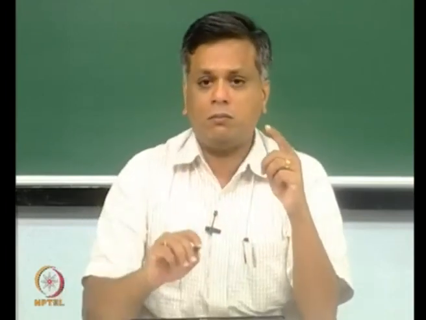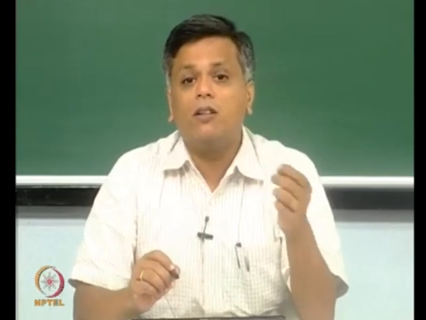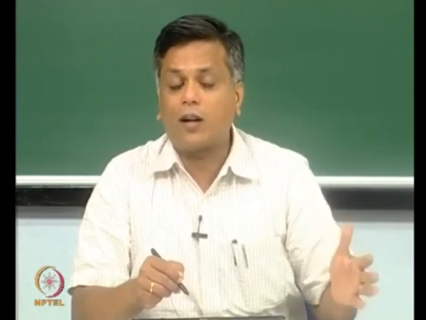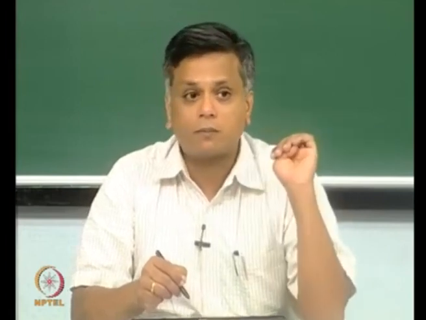This is essentially the meaning of the vice versa interaction, that is, the particle influences the air, which in turn could influence other particles slightly differently. So, if I am interested in where the particles are going, why am I interested in this vice versa interaction? Because that altered air field could affect the particles slightly differently than the first particle.